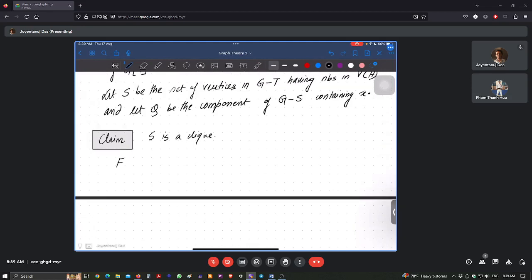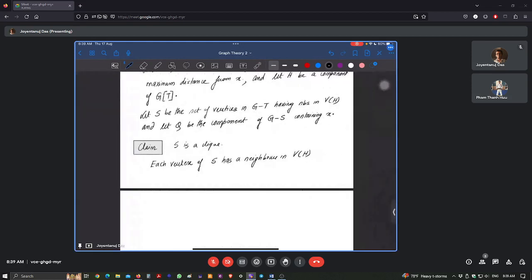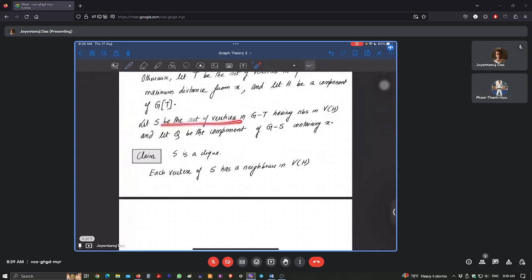Now each vertex of S has a neighbor in V(H), right? Because that is how we are defining it. S is the set of vertices having neighbors in V(H).